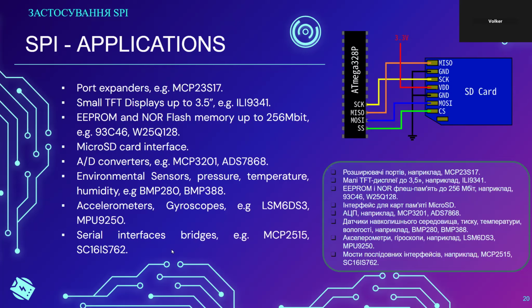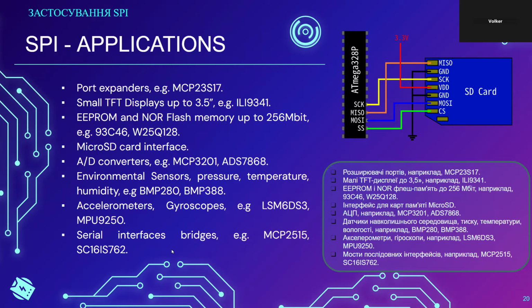The issue here is that SPI can be very, very fast, but it is not fast enough for large displays. Because once you're getting into resolutions of 400 pixels in each direction, you're getting into tens of thousands of bytes that need to be transferred within 5-10 milliseconds.